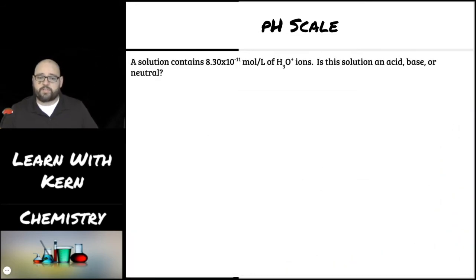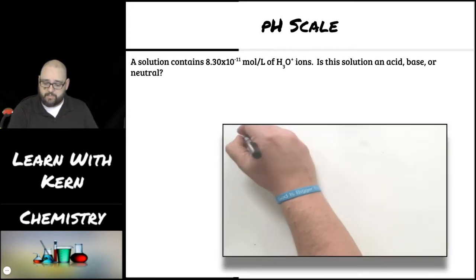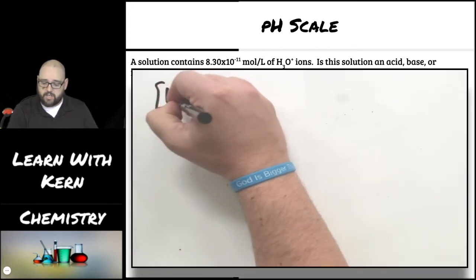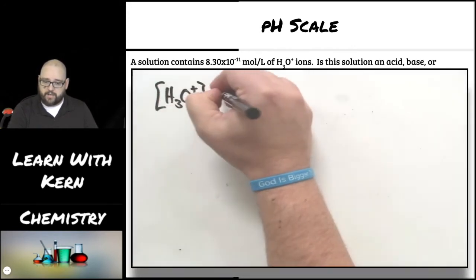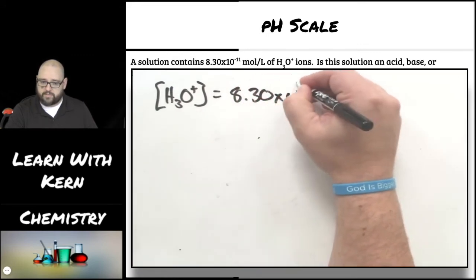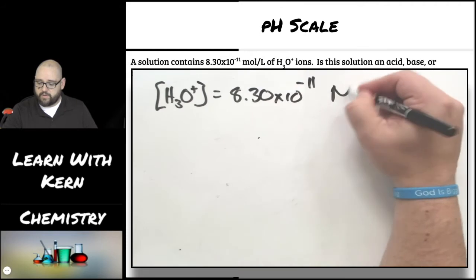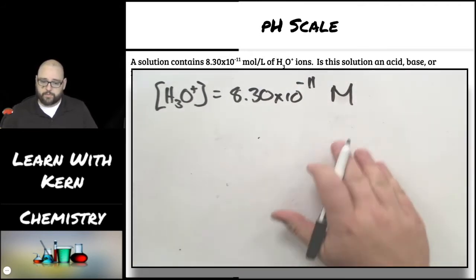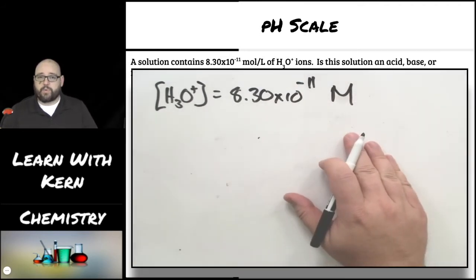So let's look at another example. A solution contains 8.3 times 10 to the negative 11th moles of H3O plus. So this time I have my concentration of hydronium ions is 8.30 times 10 to the negative 11th moles per liter, or molar. Is this solution acid, base, or neutral?